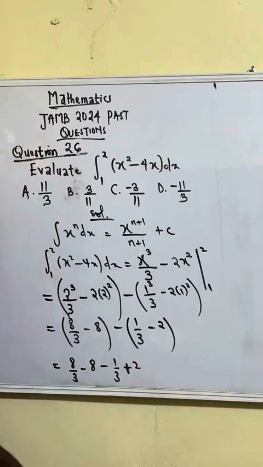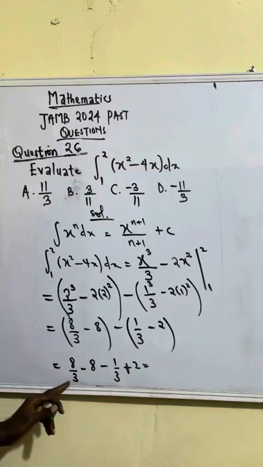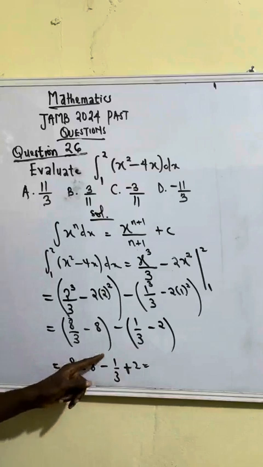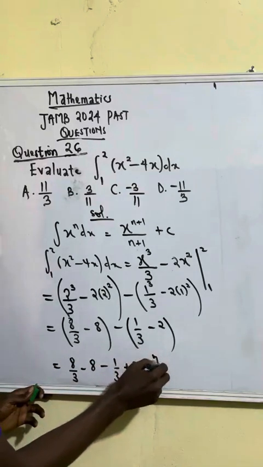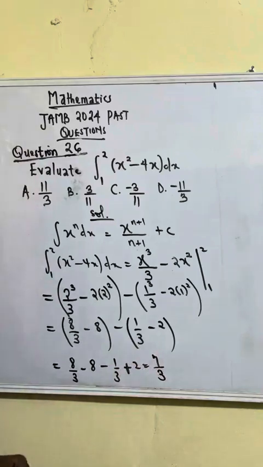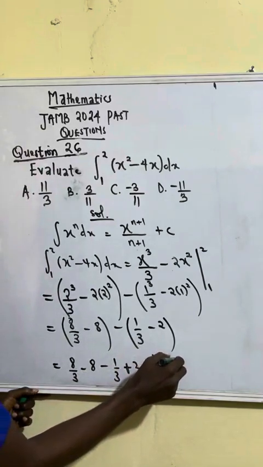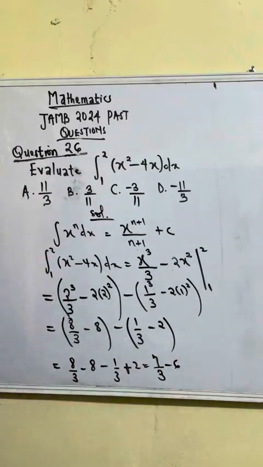So we can put like terms together and add them. This will give me 8 over 3 minus 1 over 3. That will just give me 7 over 3 because they have the same denominator. Then minus 8 plus 2, that will give me minus 6. The next thing is to combine the fraction to get our final result.